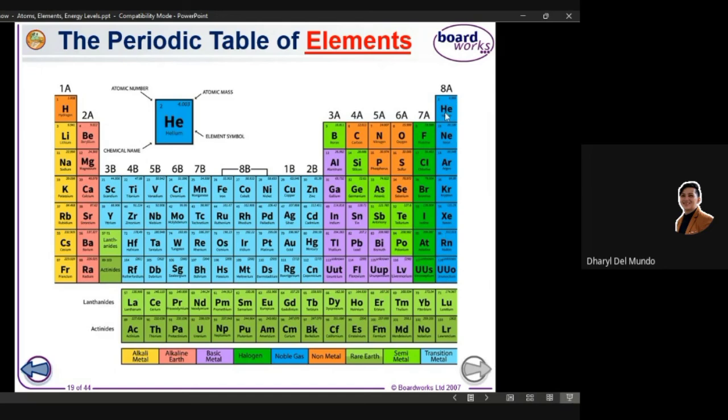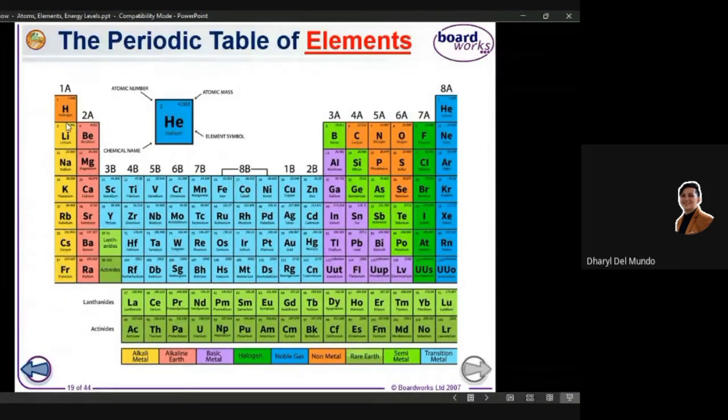So they are very stable because they have 8 valence electrons in the outer shell level. So these are nonmetals, the orange one. Rare earth, so these are the lanthanides and the actinide series. Then we have the semi-metals or the metalloids in this part. And then the transition metals at the middle of the periodic table of elements.